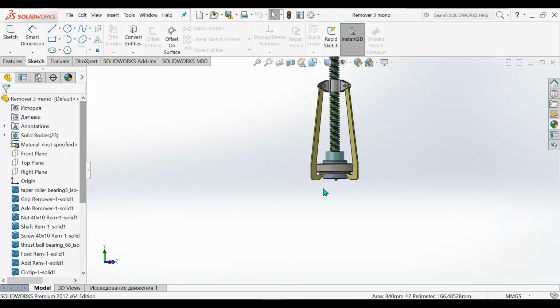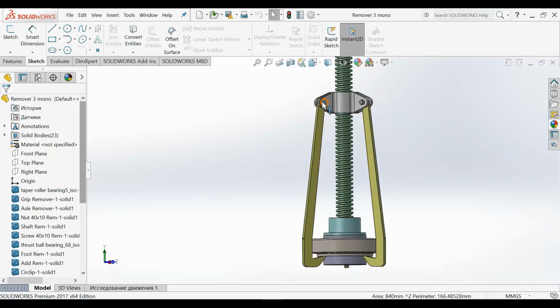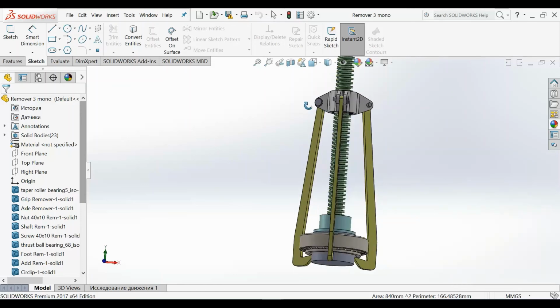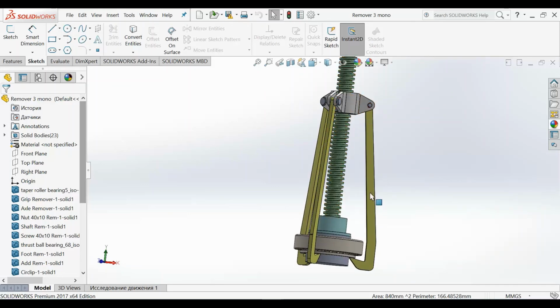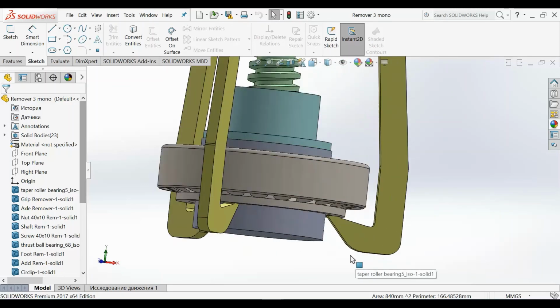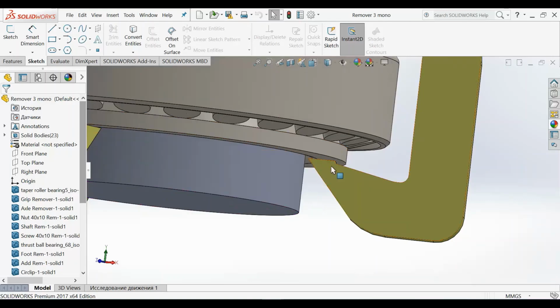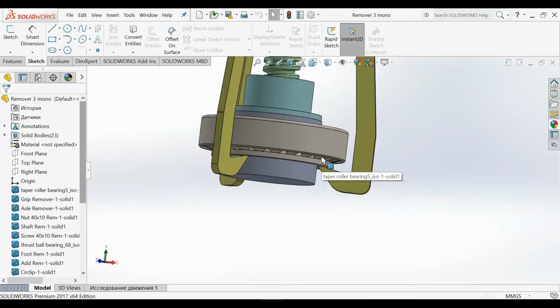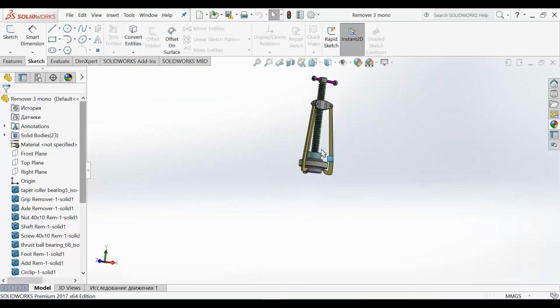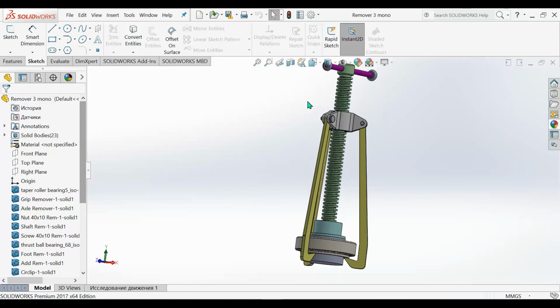Pay attention that in such a case, when we have turning arms, the axis of the pins here, and one more, should be in one line with the middle of the surface which contacts with the bearing. Sometimes there may be 3 arms, sometimes 2 arms.